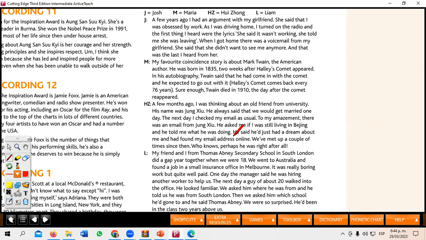Okay, I'm going to underline the example. He said he just had a dream about me. This is the example now.